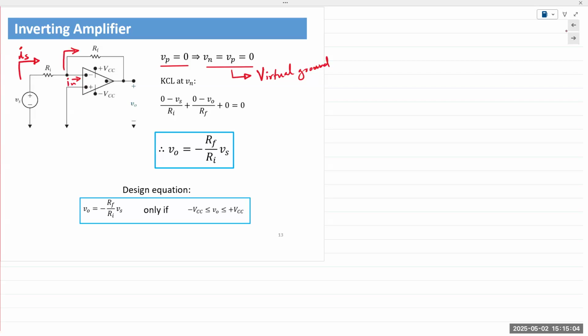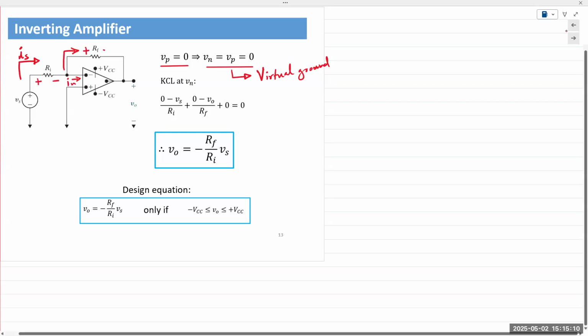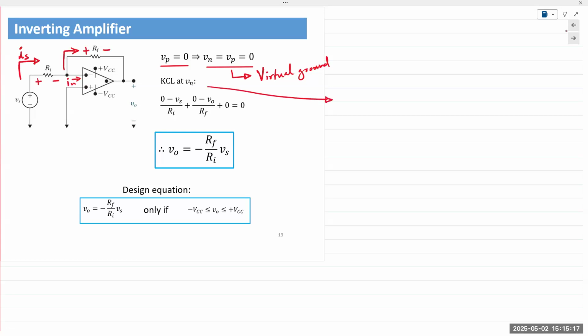Now, if the current is coming from the left, then it causes a voltage drop in this direction. So if I was to write the KCL, I would say IS is equal to IF plus IN.